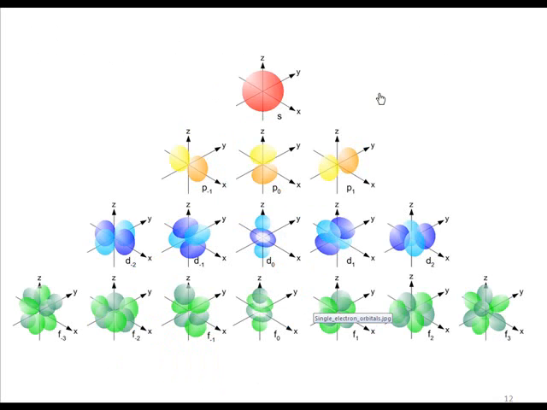Now, this is where it gets quite complex. How many different orbitals or subshells are there? The answer is within the p, there are orbitals in the x, there are orbitals in the y, and there are orbitals in the z. When you get to the d level, there's a much larger set of orbitals that becomes possible.